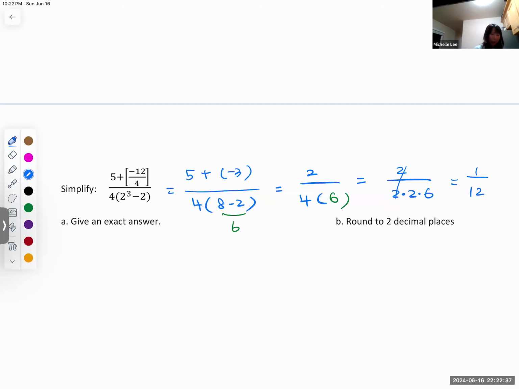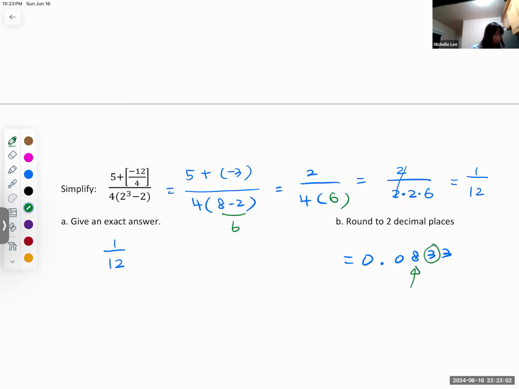So the exact answer is 1 over 12. And then to 2 decimal places, 1 over 12 is 0.0833. Okay, let's take a look at the third digit, because we want the answer to 2 decimal places, right?